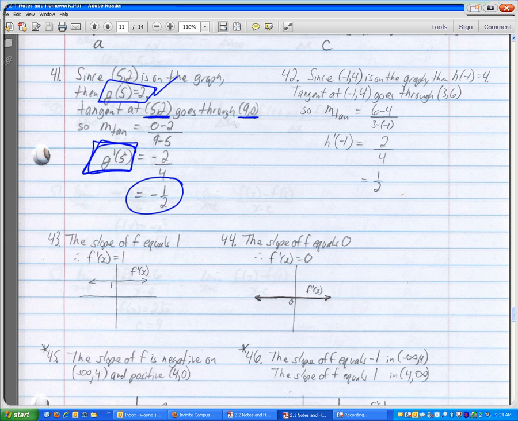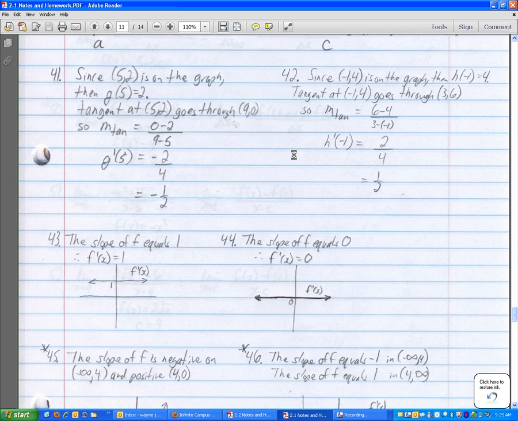And that's what this notation means, isn't it? The derivative when x equals 5. So we found g of 5 just with the information they told us, and then we found g prime of 5 because that's what the derivative equals when x equals 5. Make sense? All right, 42.